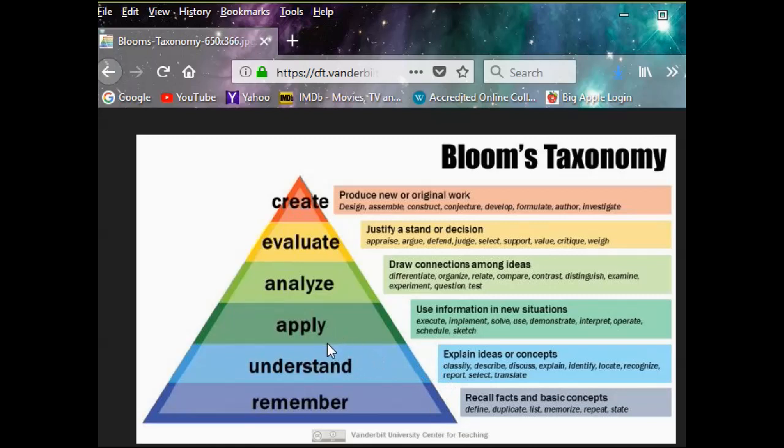I want you to apply, using this psychopathology, what regions of the brain are affected. Analyze what symptoms, what are some key symptoms that they're dealing with in these psychopathologies, and evaluate.